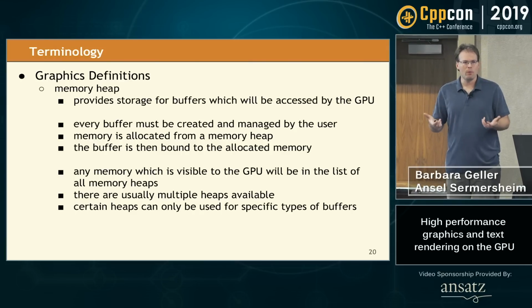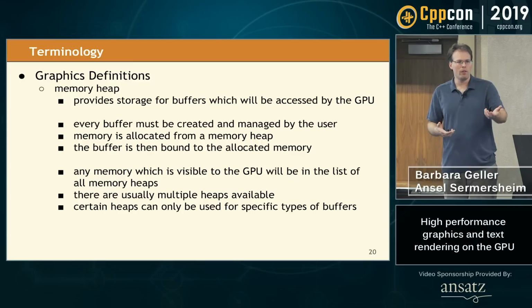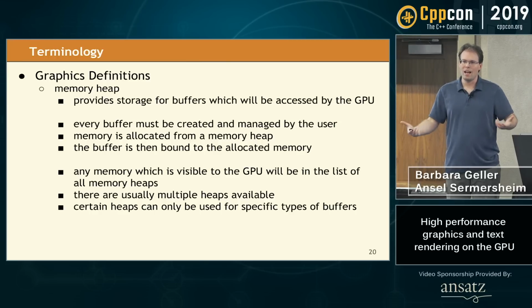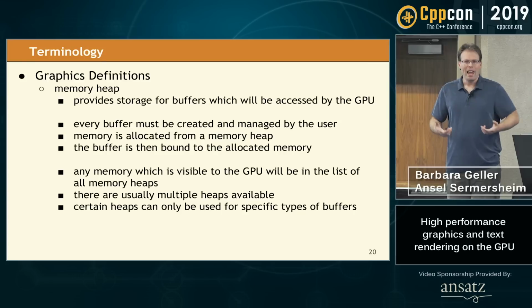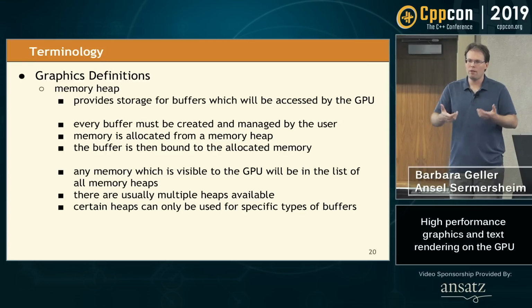They're two completely separate objects. If you want to store some information, you have to create a buffer of the appropriate type, then allocate memory of the appropriate type, bind them together, and copy information into it. This is useful because you might not have enough memory to store something, so you can have buffers that don't currently have any memory allocated to them, or you can move it from one place to another.